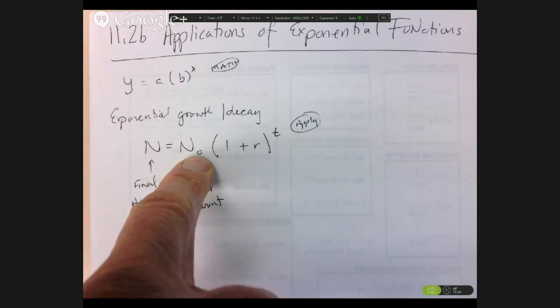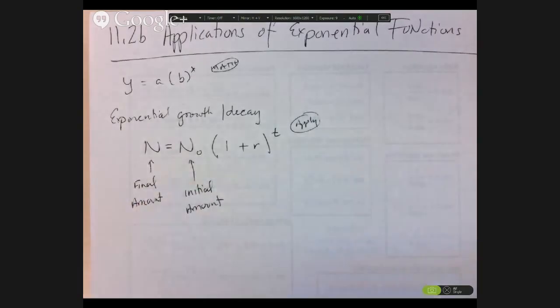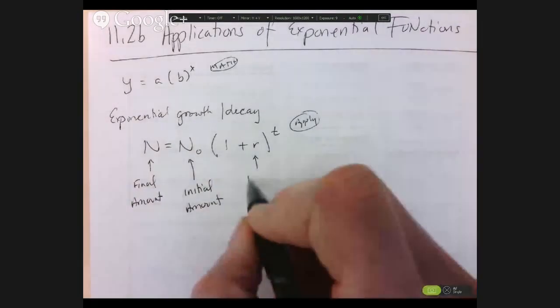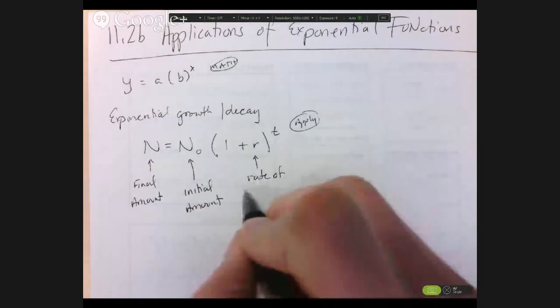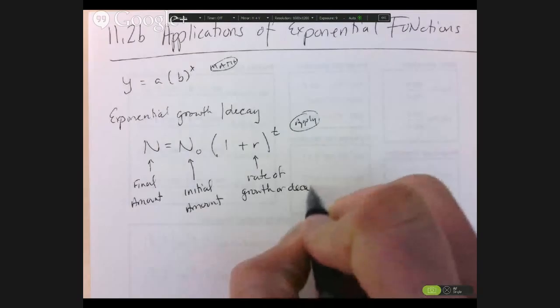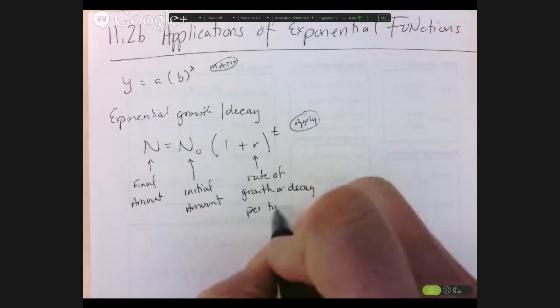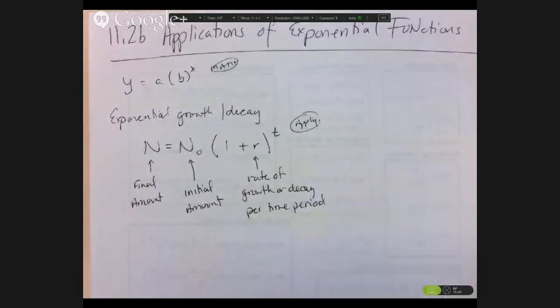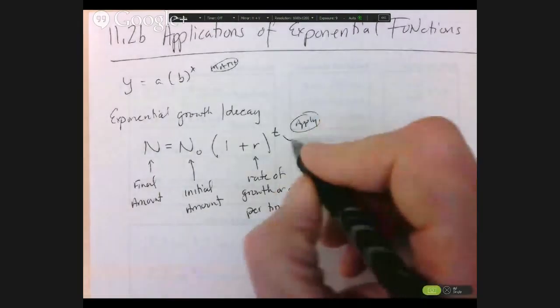Okay, that's your starting amount. R is rate of growth or decay per time period. And T would be number of time periods.